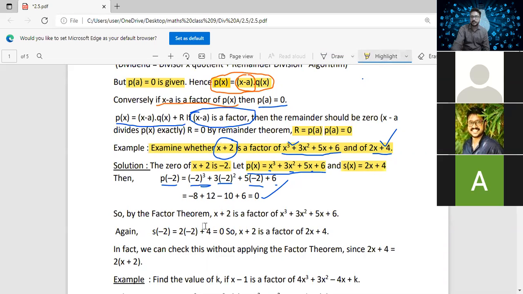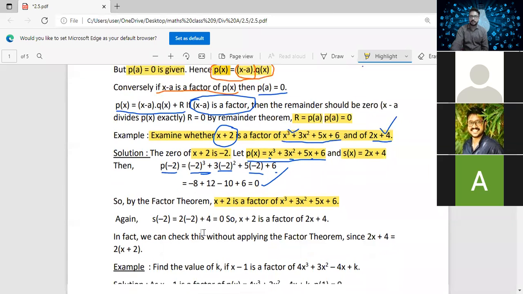So we have proved that x plus 2 is a factor of x cubed plus 3x squared plus 5x plus 6. Similarly, in the same manner, we are going to check whether x plus 2 is a factor of the second polynomial s of x is equal to 2x plus 4.